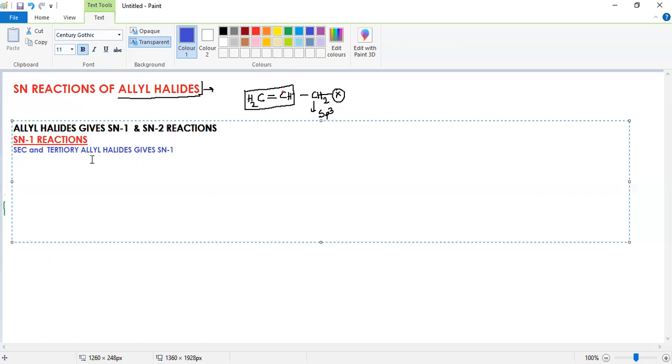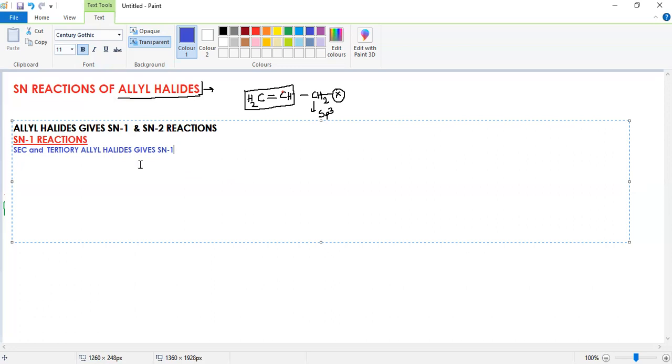What about the primary allyl halide? Primary means small, I said I take that for SN2 reactions, remember that, isn't it? Do you remember that thing? So always secondary and tertiary allyl halides use SN1 reactions.